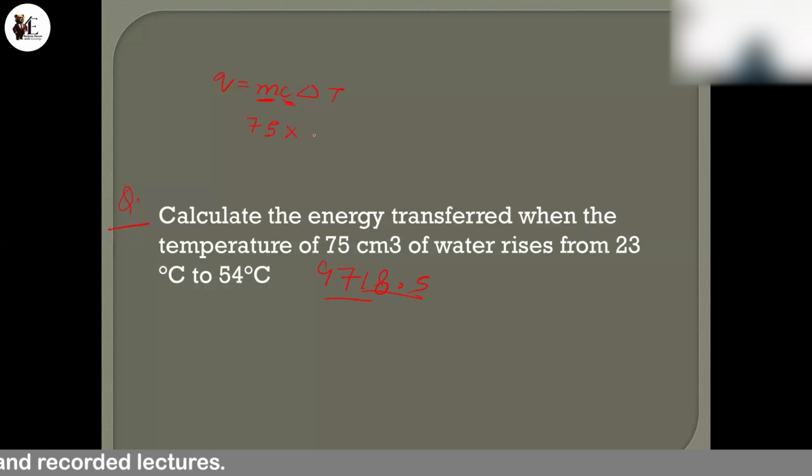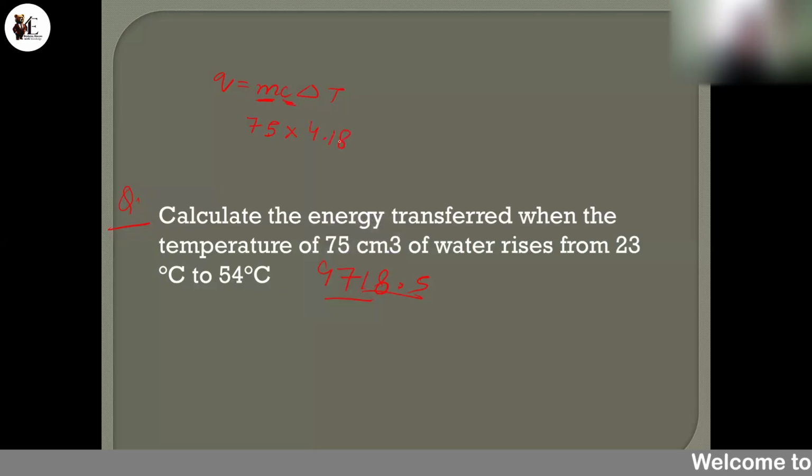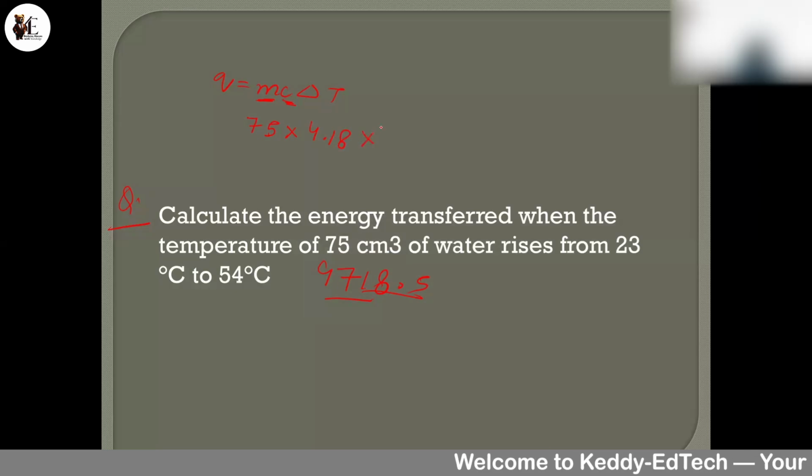And the value of c is 4.18, and the value of delta T is 31.